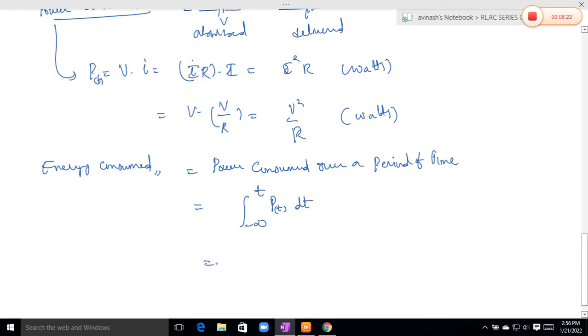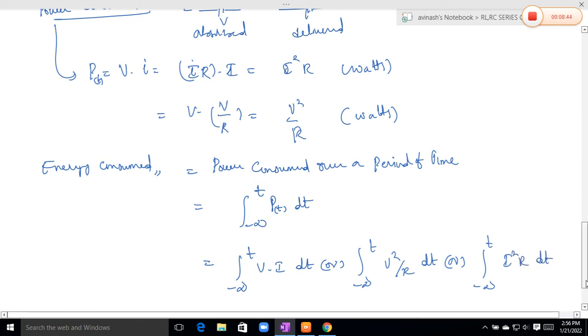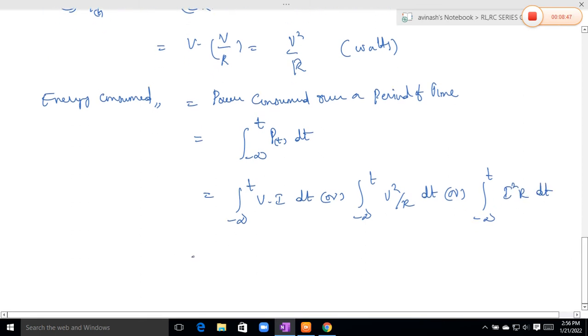P of t you can take as vi dt, or the integral from minus infinity to t of V square by R dt, or the integral from minus infinity to t of I square into R dt. To simplify, if this power is integrated over a period of time, we get Vi into t.